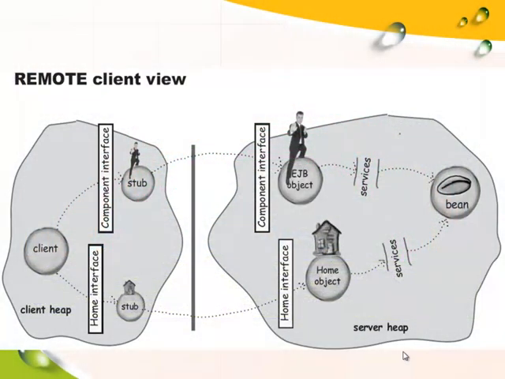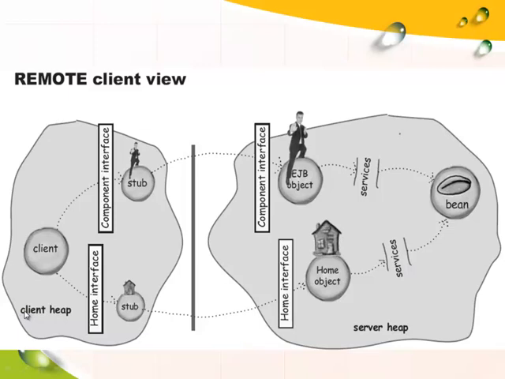So in the last class we have seen what are remote objects, and I have already told you that when we talk about the remote object, the client need not be always remote. What is the meaning of that? A client can communicate with this bean via a separate client heap.